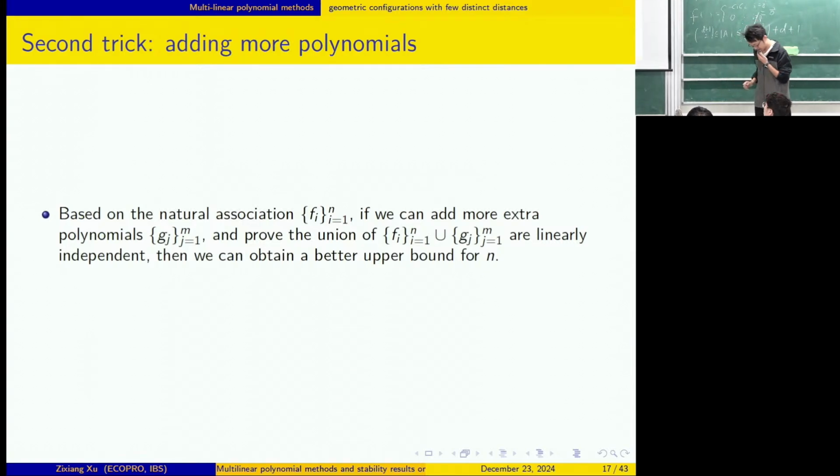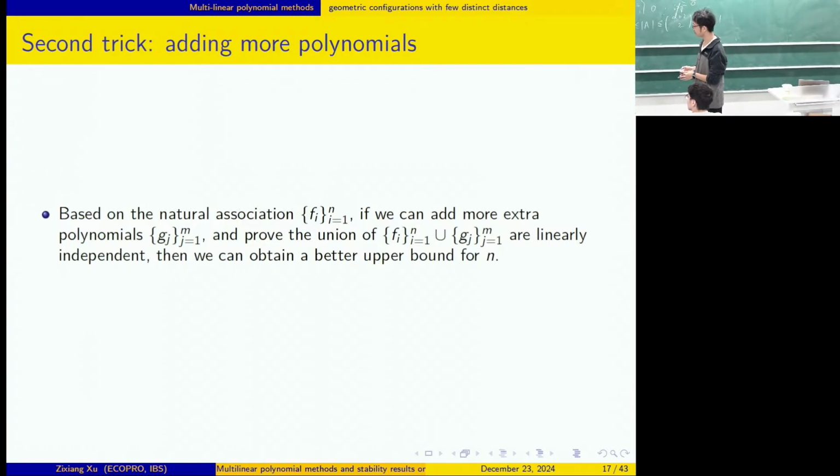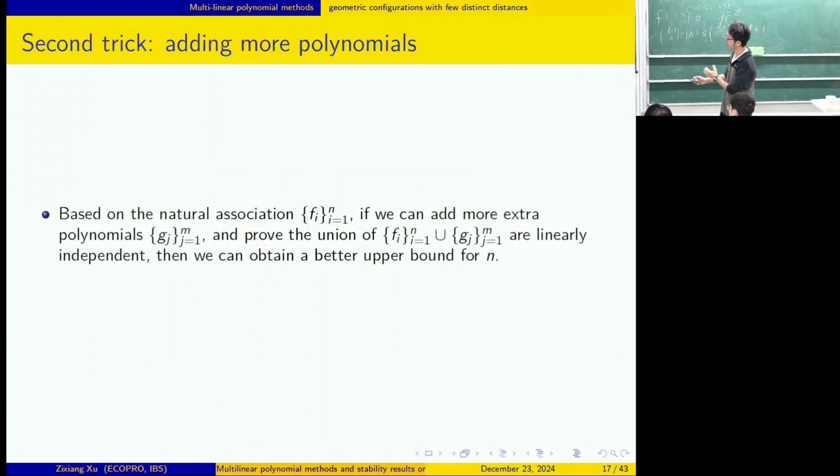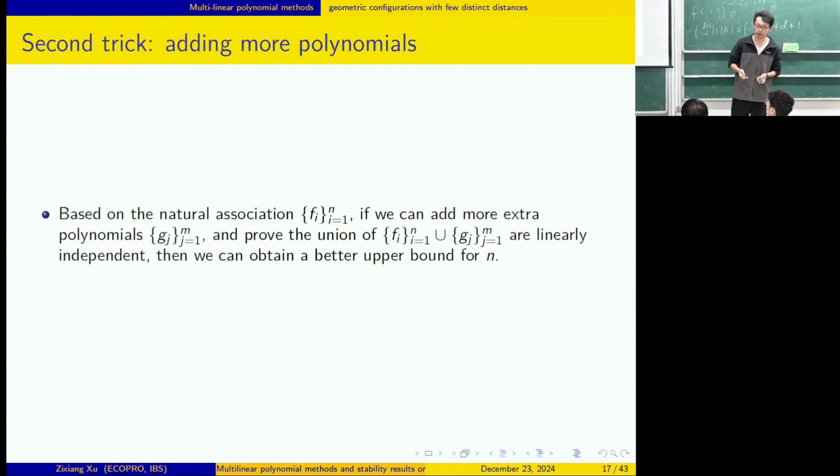So today we will mainly discuss the second trick. Based on some natural association, like the previous one, we associated one polynomial to one point. Then sometimes we can add more extra polynomials and extra set systems.